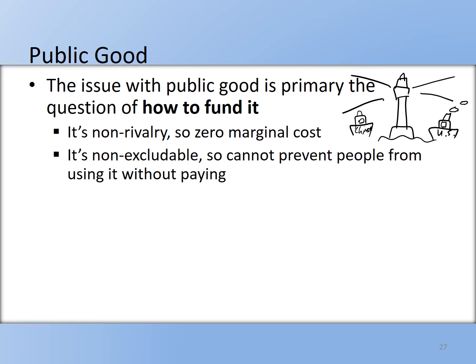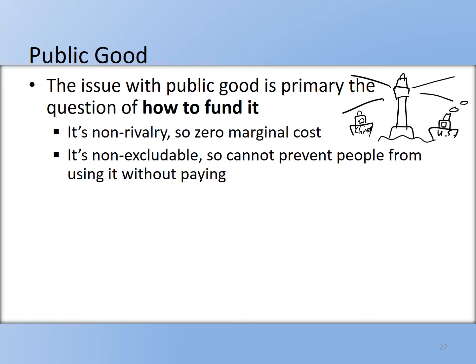The guidance it provides benefits everyone. So guiding my ship doesn't affect guiding your ship. It's non-excludable because as long as your lighthouse is operational, the light and the signal it sends out benefits everyone around. You can't stop them from using it.